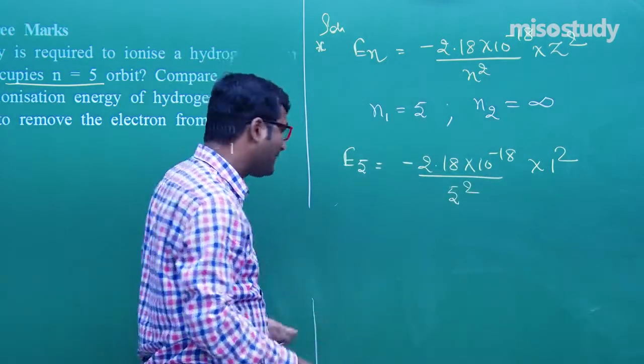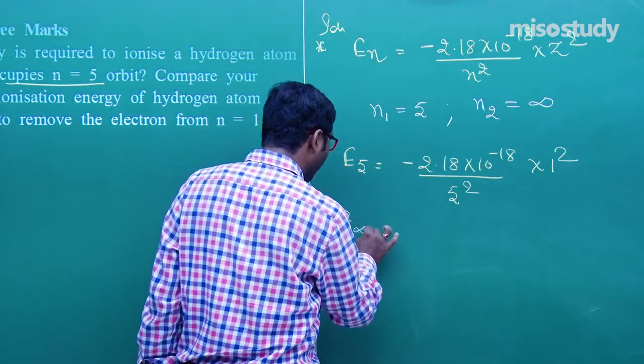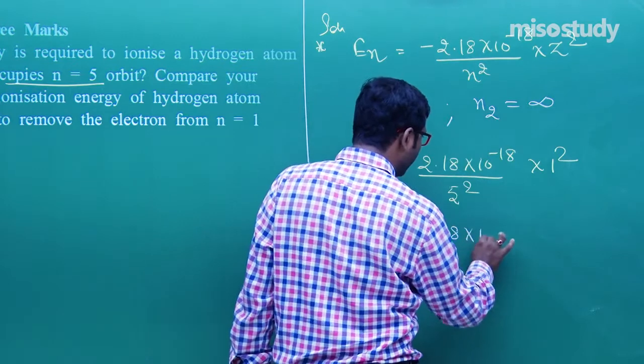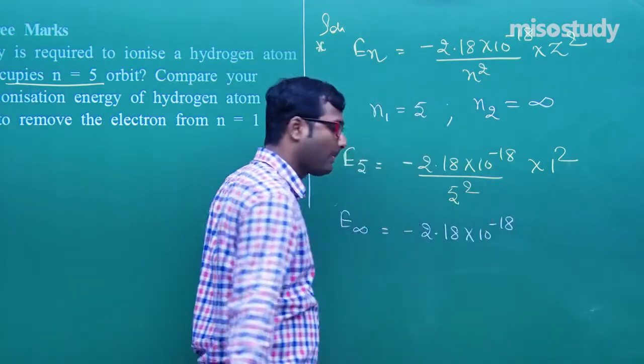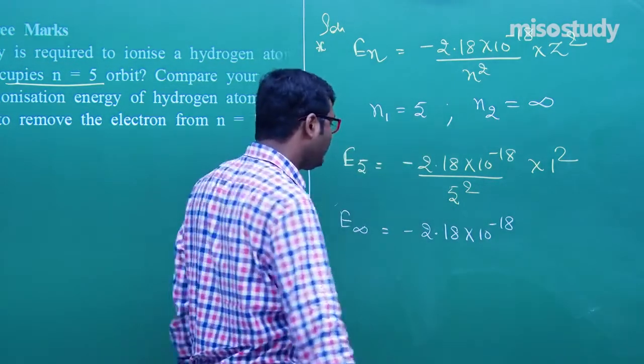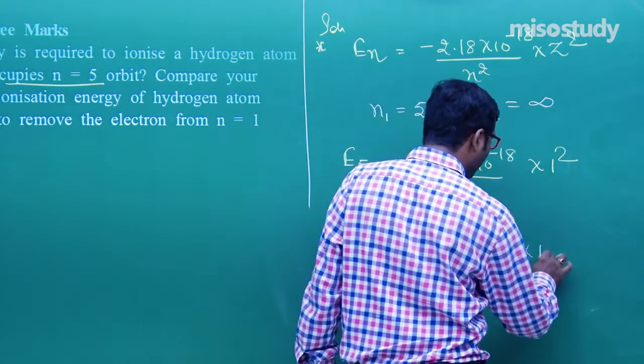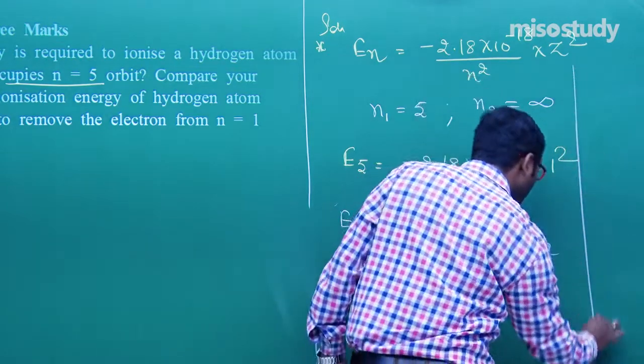Clear to you? Now E infinity, what will happen, tell me? That is minus 2.18 into 10 to the power minus 18 upon infinity square. Clear to you? Now what to do?